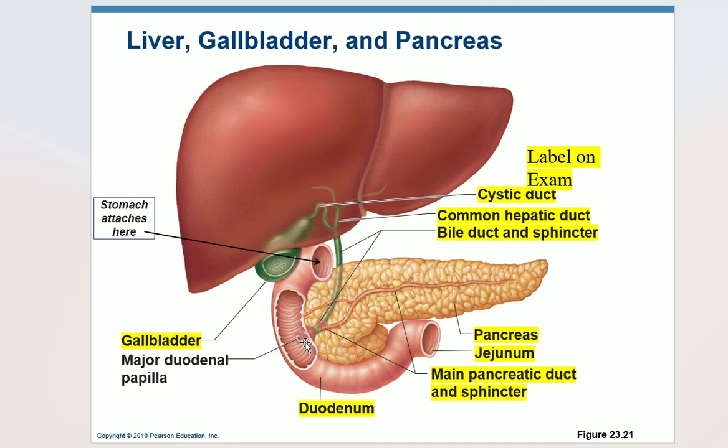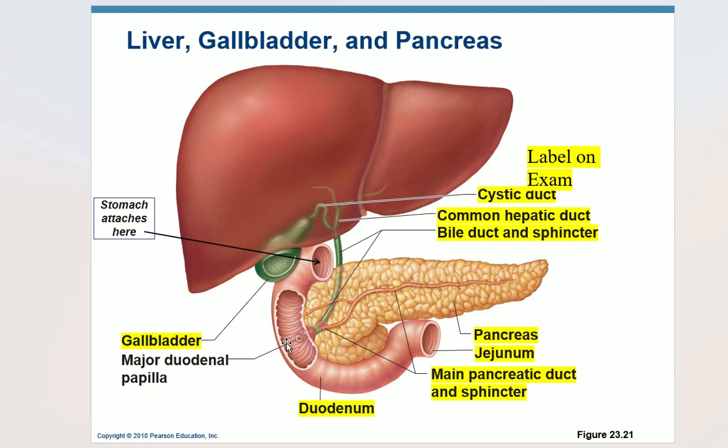Now the bile duct combines with the pancreatic duct. It's right here. The pancreas has its own duct, the pancreatic duct. It attaches, like I said, to all three of them. Well, the first two attach to each other, and then the pancreatic duct attaches to the bile duct. They join at the duodenum.